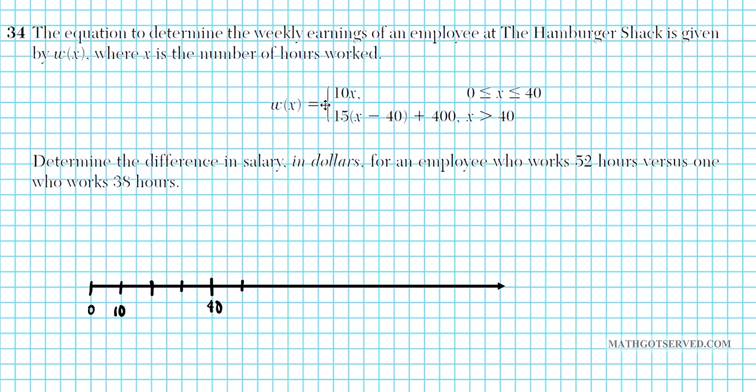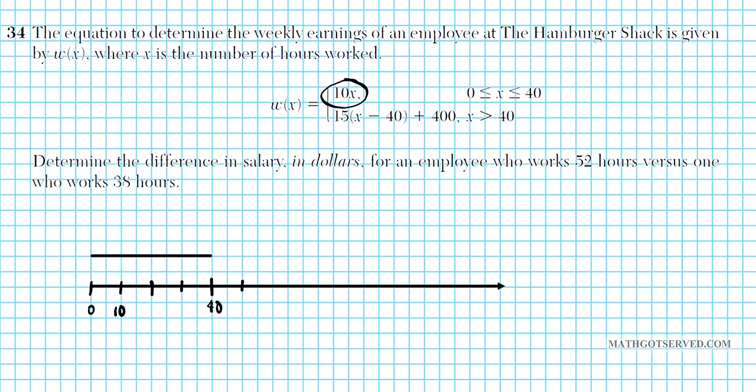Now, what does this piecewise defined function tell us? Well, it tells us that if the hours worked is between 0 and 40, 0 and 40 included, this is a function that's active. So how can we illustrate that on this number line? Well, we just have to draw a line from 0 to 40.